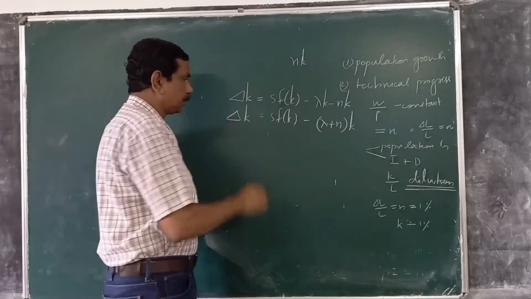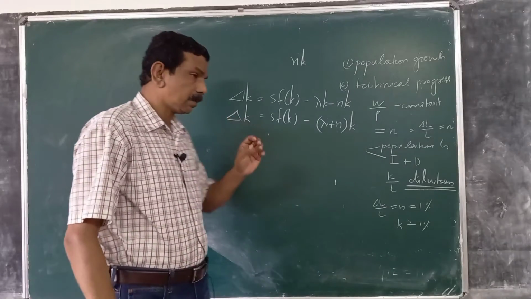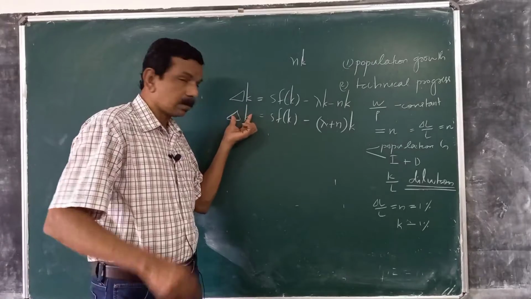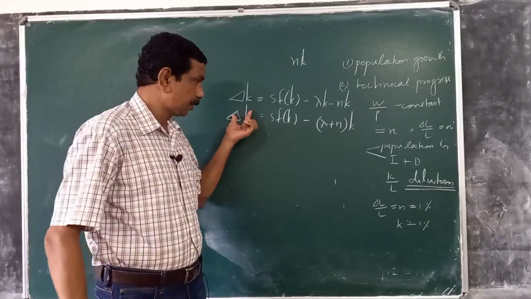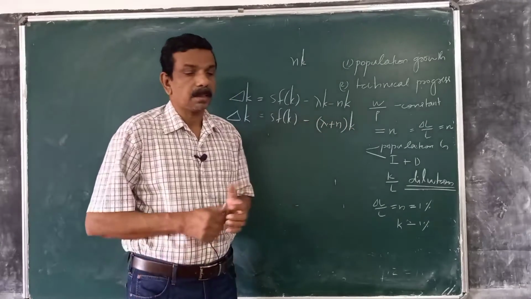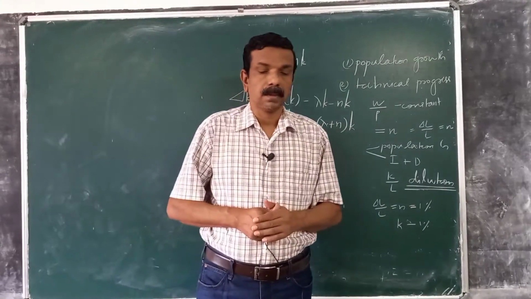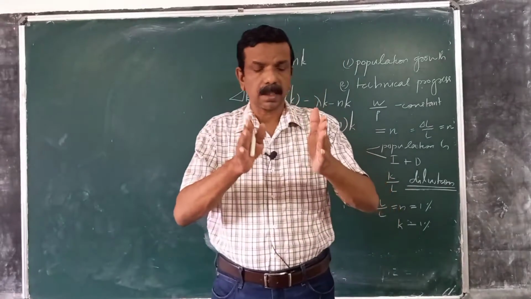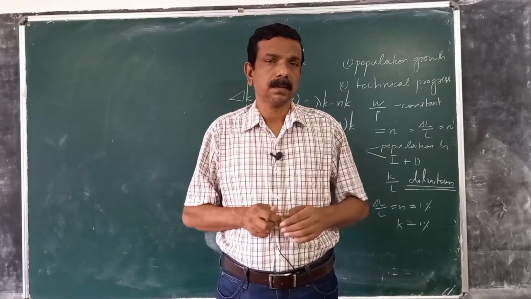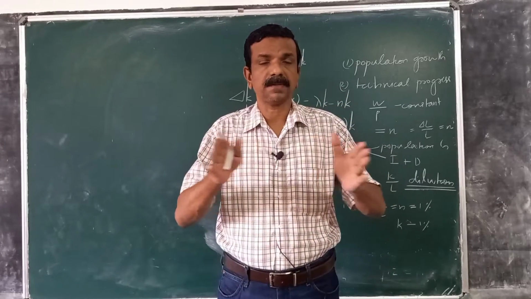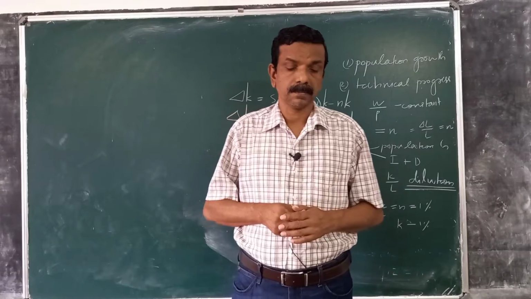Now the fundamental equation, which determines the growth of the capital-labor ratio, is s f(k) minus (n plus lambda) k. That is, population growth affects capital accumulation in the same way as depreciation affects capital accumulation.